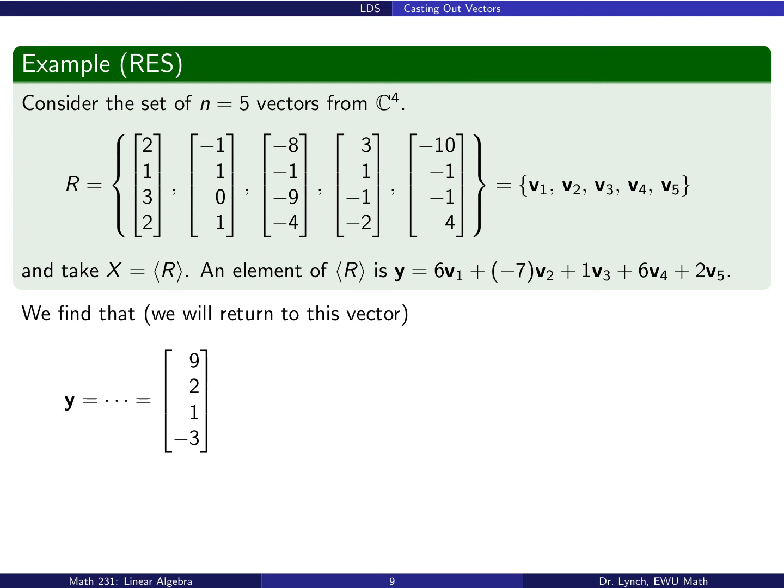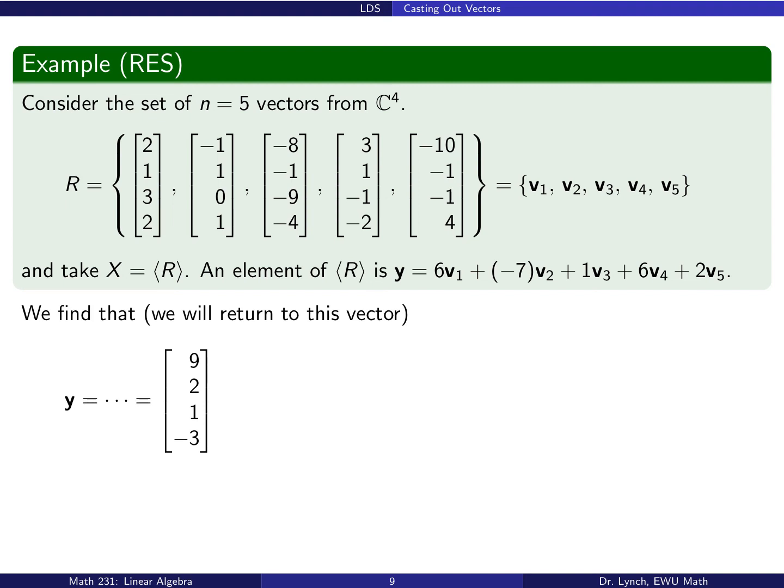Something we can definitely do is generate an element of the span of R. I'll generate an element of the span of R by taking 6 times V1 plus -7 times V2 plus V3 plus 6 times V4 plus 2 times V5. It turns out that that element of the span of R is 9, 2, 1, minus 3. Okay, so we're going to come back to this vector a little bit later.